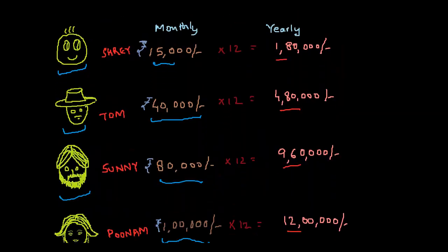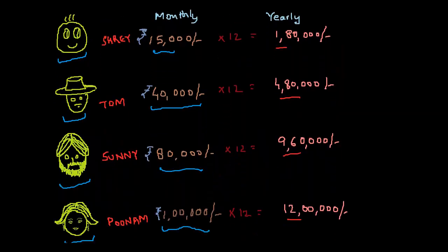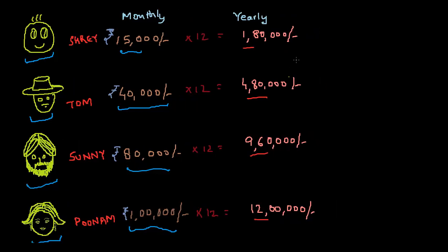Shrey pays 50,000 out of her total income, which is 1,80,000, and the same for all, as all of them are paying the same cut amount, which is 50,000.